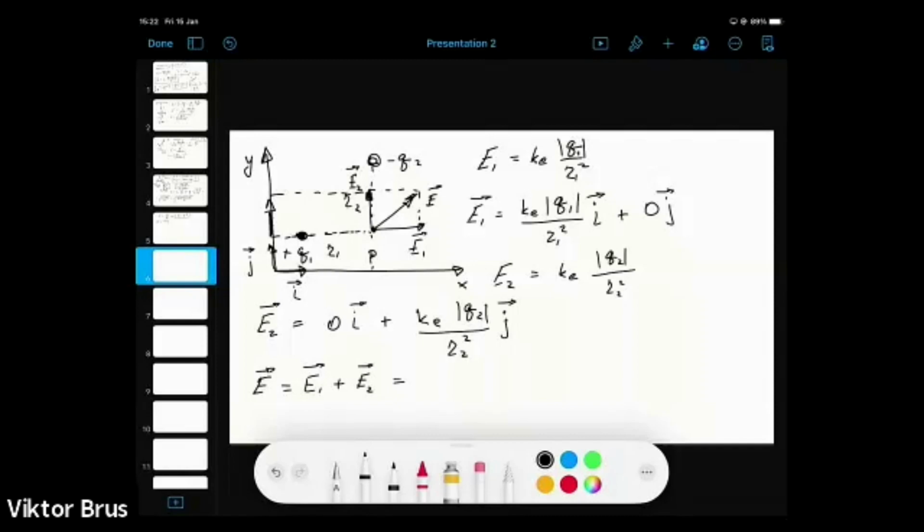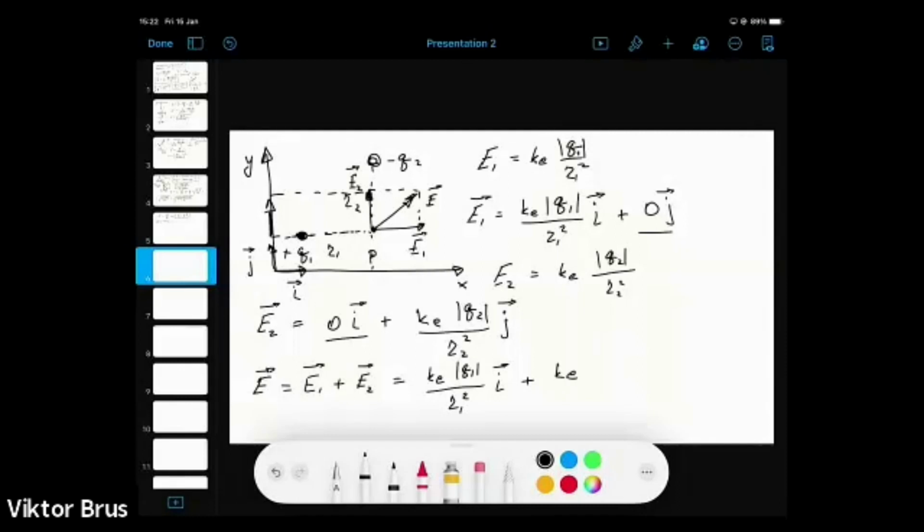So we have the X component of E1. So this will be Ke times the absolute value of Q1 divided by R1 squared times I vector, plus the Y component of E2. So we just keep these components with zeros.